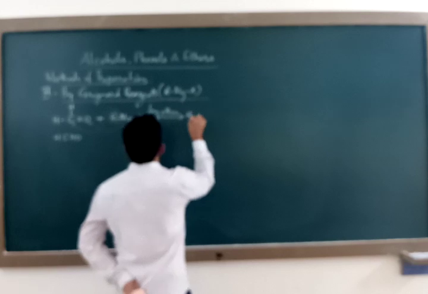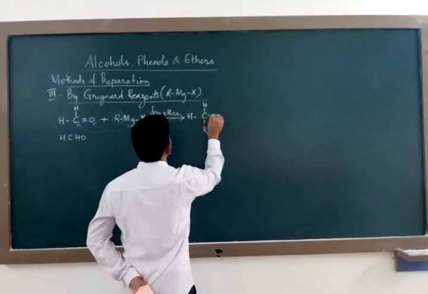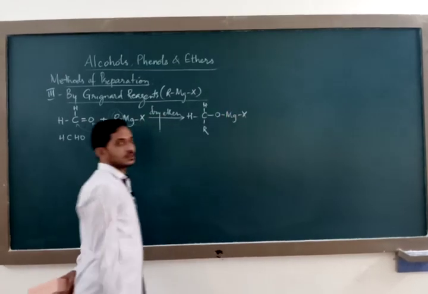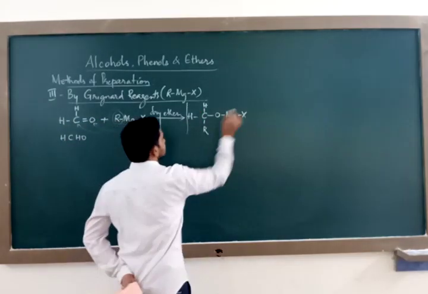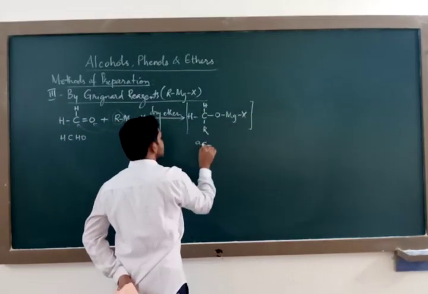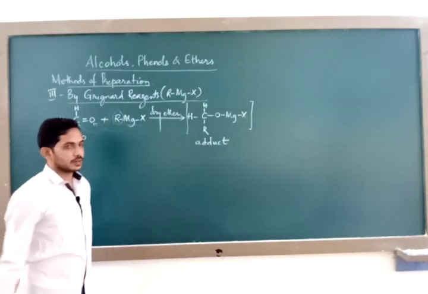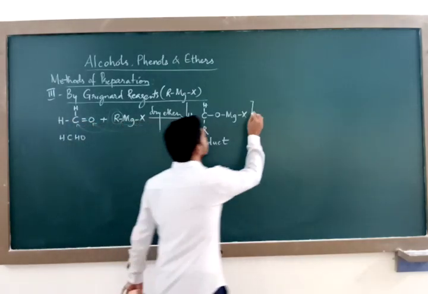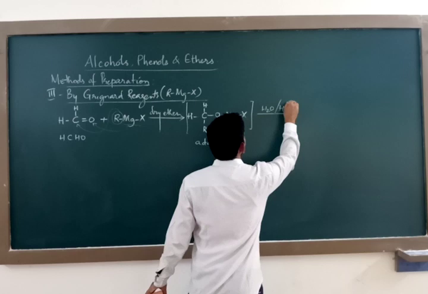Now separate this part, attach R to the carbon and the remaining part to oxygen. So H, C, upwards H, here R, then O, then Mg and X. Because this product is unstable, we represent this in square brackets and call it an adduct. An adduct is an addition product. Now once this adduct is formed, you hydrolyze it in order to get the required product. Hydrolyze in the presence of acid.